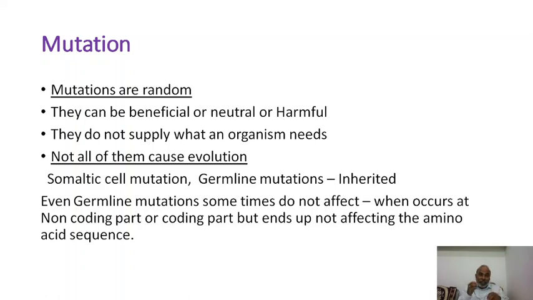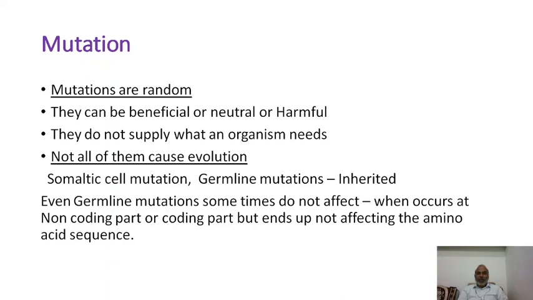When a mutation occurs in that particular area, and because of that mutation the amino acid or the protein formation is affected, then only such mutations cause changes. They are considered very, very important mutations for evolution.